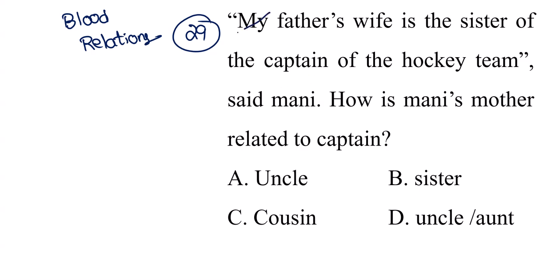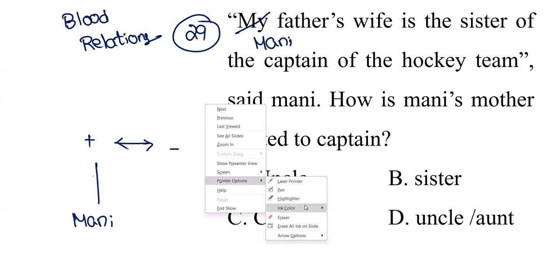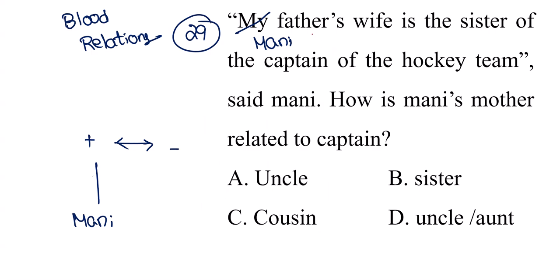Money. So "my" means Money. Money's father's wife. You can draw a diagram or you can directly understand also. Father's wife means Money's mother. In fact, you can write the entire thing simply: Money's father's wife means Money's mother, right? So you can write this entire as Money's mother.